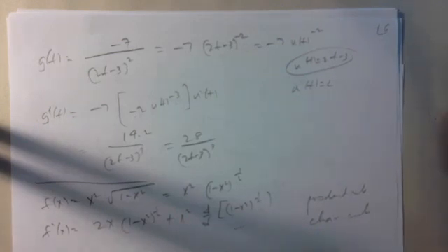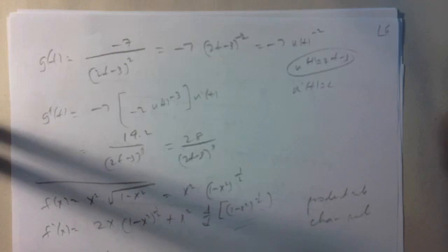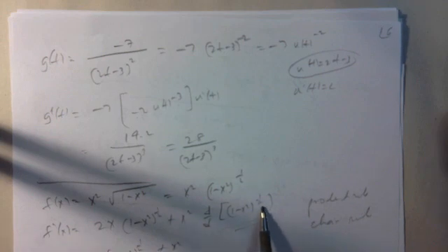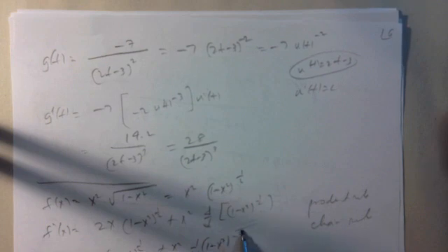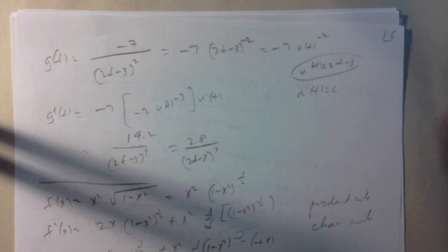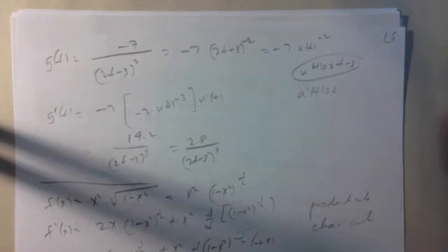This is 2x times (1 minus x squared) to the 1/2, plus x squared times 1/2 times (1 minus x squared) to the minus 1/2 times the derivative of 1 minus x squared, which is minus 2x. So this is 2x times the square root of 1 minus x squared.